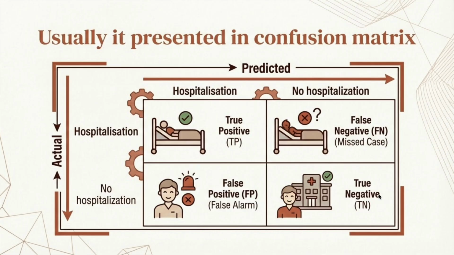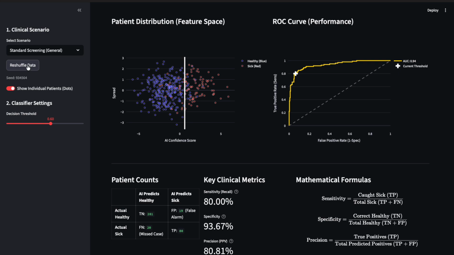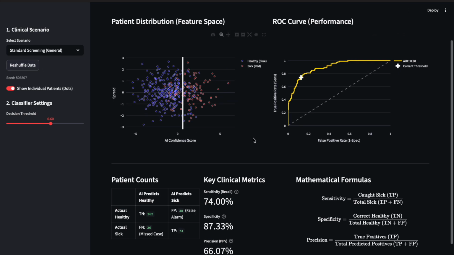So now let's review how it works again with some real model and some real metrics. We have some models. So these are patients, blue are healthy, red are sick. Currently there is no age or blood pressure as last time.